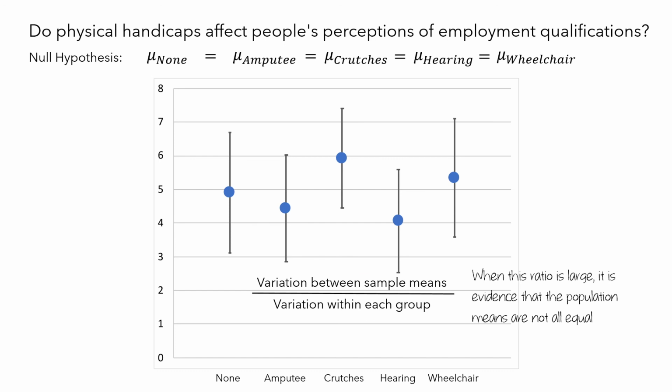In contrast, in our original example, when we looked at the amount of variation between the sample means and the amount of variation within the groups, then this ratio was relatively small, so it was not evidence against the null hypothesis. So this is the intuition behind making an inference for comparing multiple population means. What we need is a new type of statistic that lets us formalize this comparison, and we'll look at how to do that in the next video.